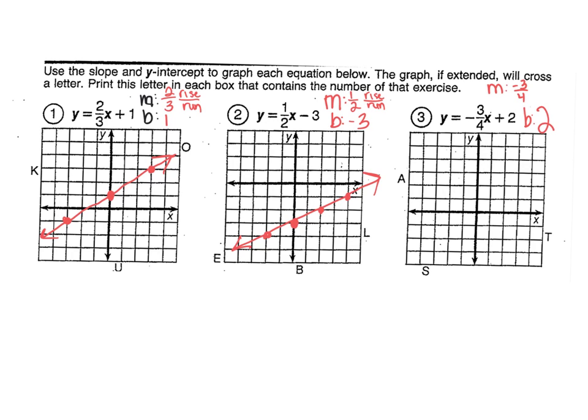So let's do it. Begin at 2. Now, careful. Rise -3. The negative sign goes with the numerator. Negative numerator. Down 3. Straight down. 1, 2, 3, and then 4 to the right.